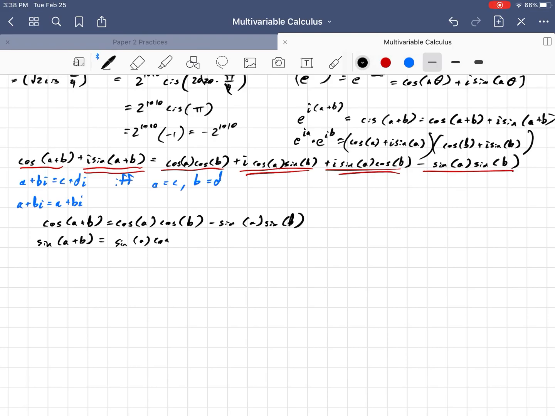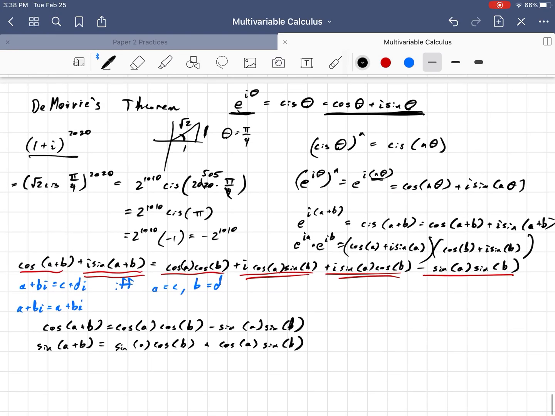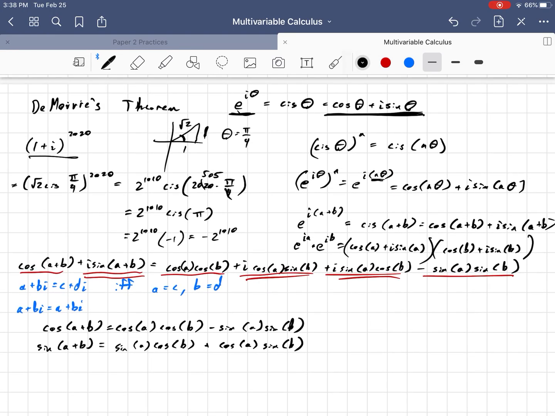That's sine A cosine B plus cosine A sine B. And that is a way to remember the angle addition formulas.